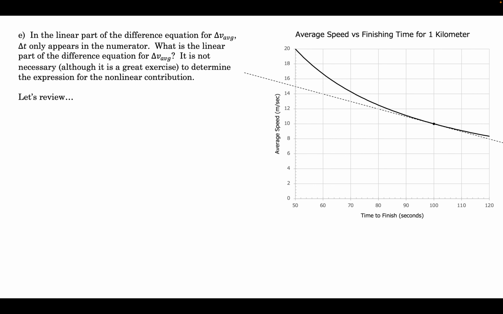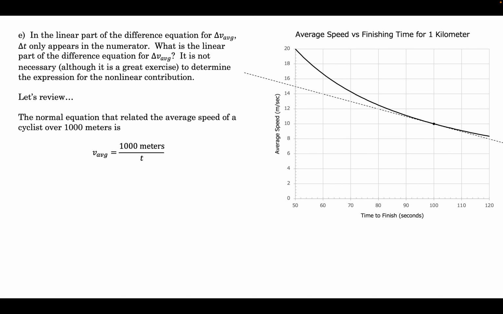So before we do that, let's review this whole problem. We have a normal equation that relates the average speed over the whole race to the time to complete the race. That's the normal equation. Then we derive the difference equation that relates a change in the time to finish the race to a change in the average speed over the race.